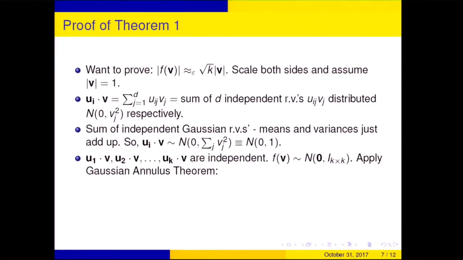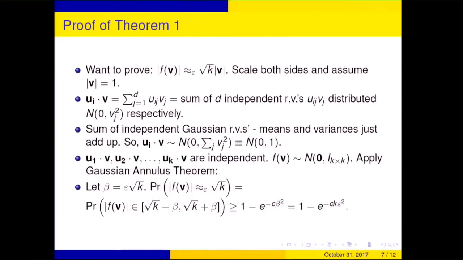And we apply the Gaussian annulus theorem we proved last time. The Gaussian annulus theorem told us that if you pick points from independent Gaussians, k points in this case, the length will be about root k, because I picked k points, each of Gaussian normal 0, 1.